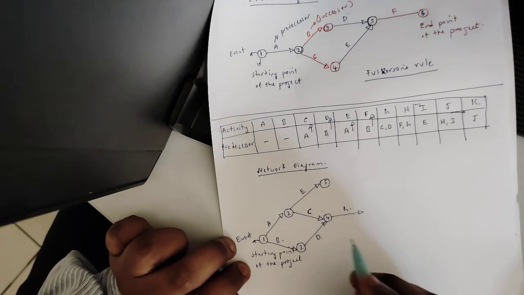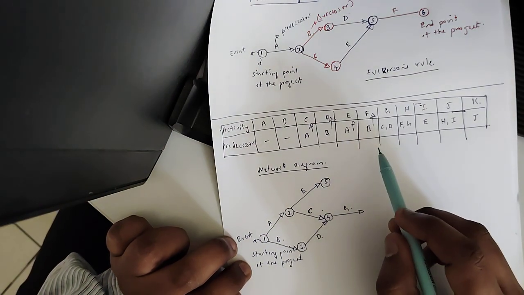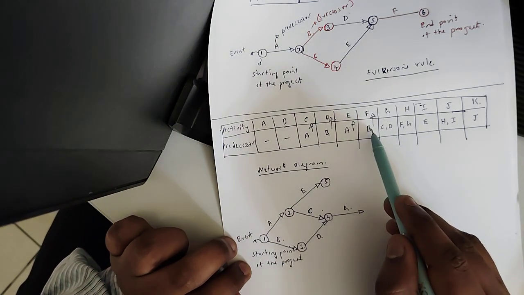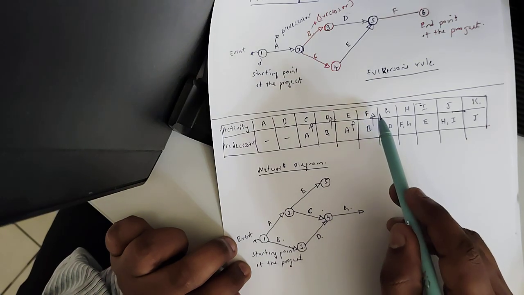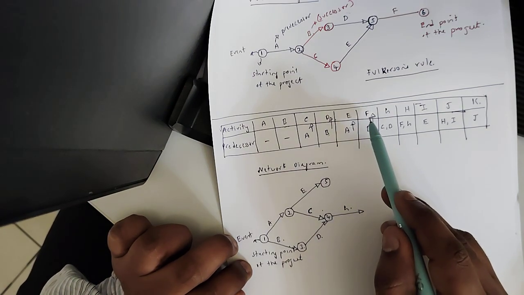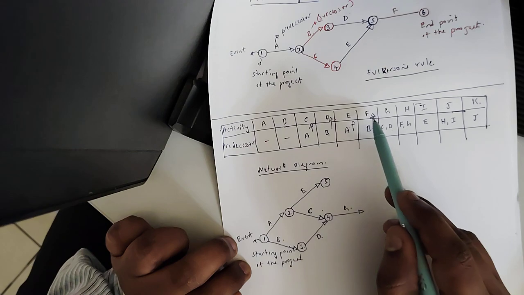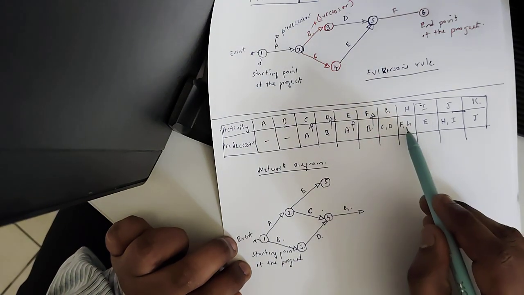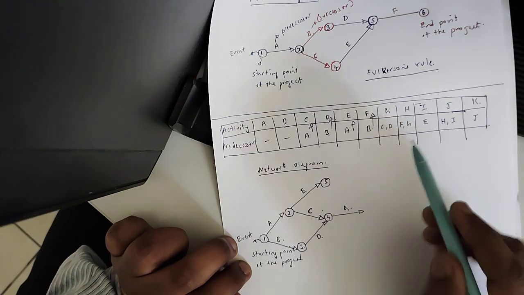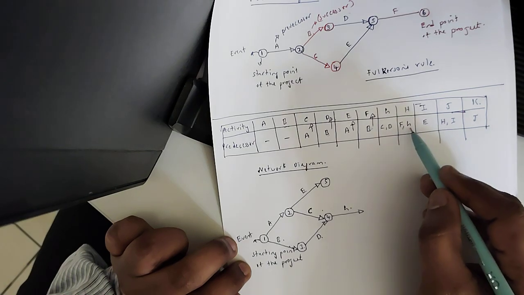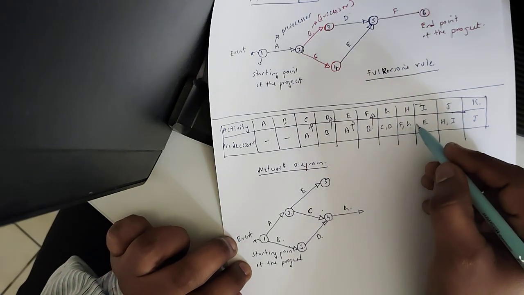Next, we should be careful here. Once the B activity is completed, it is moving to the F activity. Is it fine, students? And here you can see F and G. G is here. Once the F and G activities are completed, it will move to H activity.